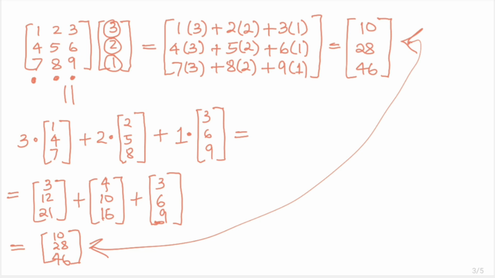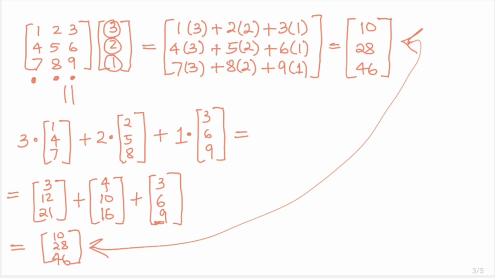So that gives us a little bit of insight as to what's going on when we multiply a matrix by a vector. But it shouldn't be mysterious how these two methods are equivalent, because if you look at this result, what does it show us?